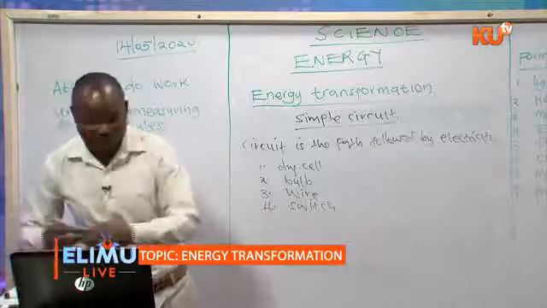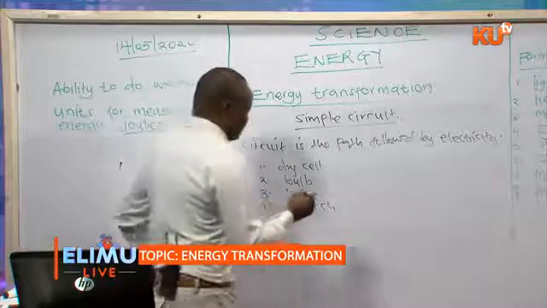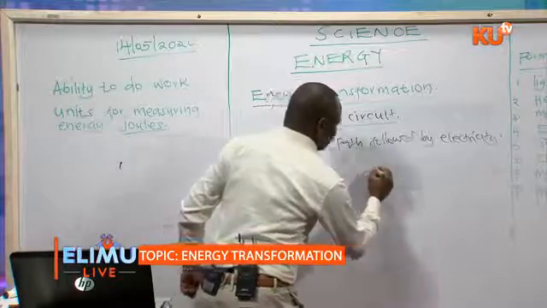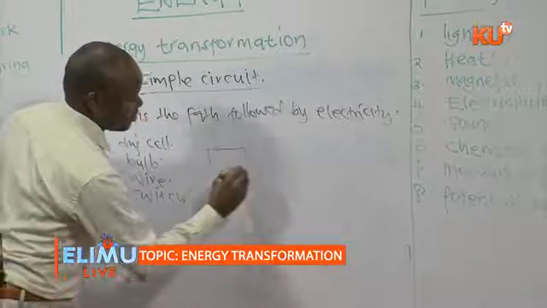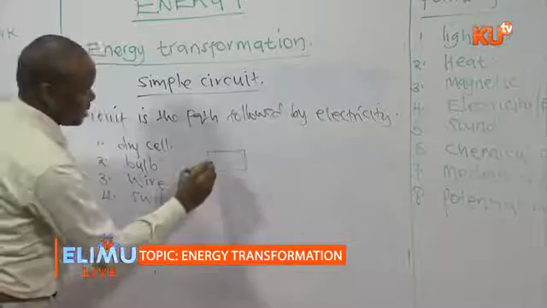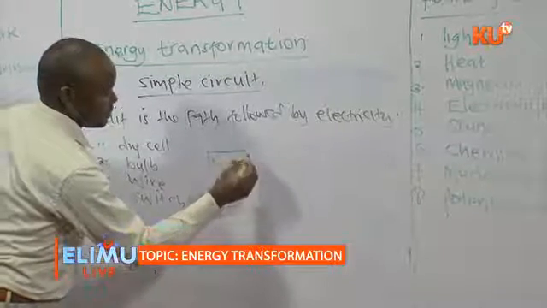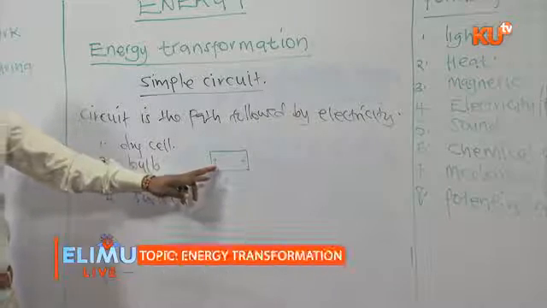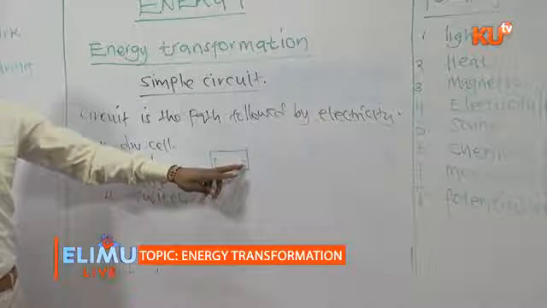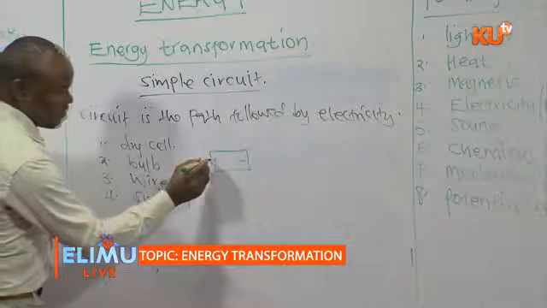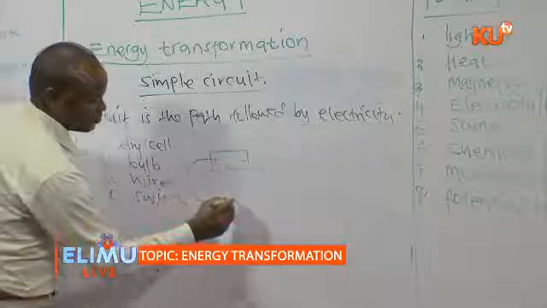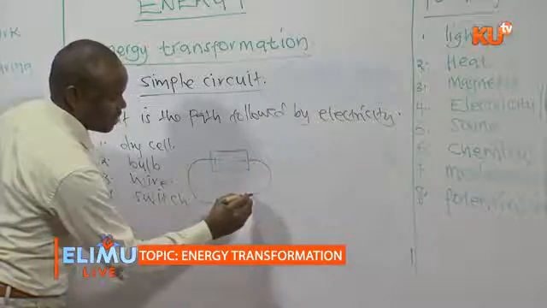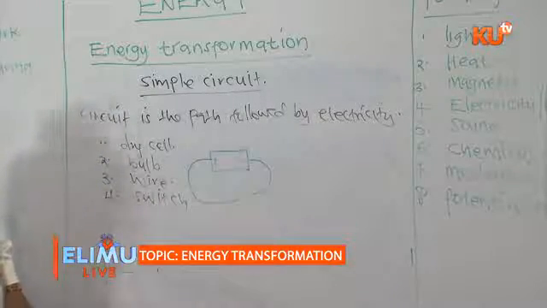First, I want to connect it for you. Let me draw it. Let me use one dry cell. This is the positive terminal and this is the negative terminal. Then this is the wire, connecting from one end to the other end.